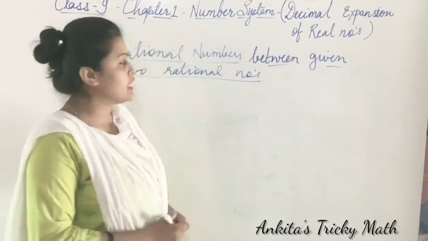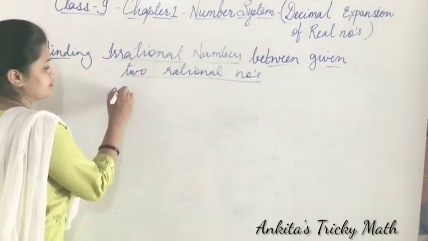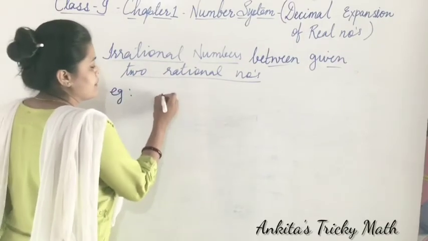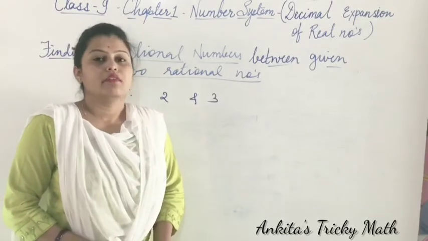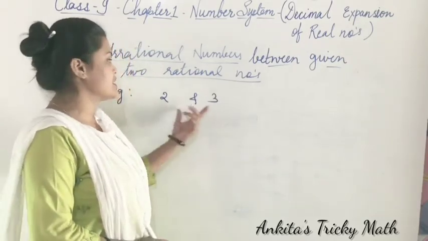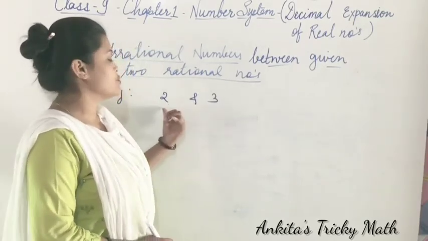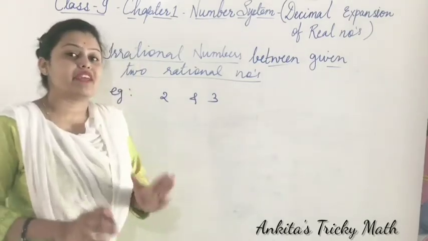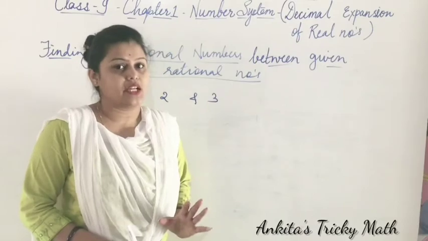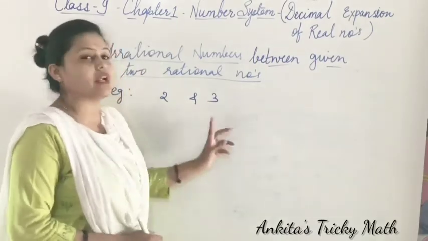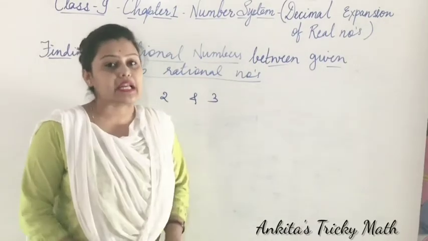Now let's take an example. Say 2 and 3. We have to find an irrational number between 2 and 3. That means we have to find numbers that are non-terminating and non-recurring between 2 and 3. So there are infinite numbers.